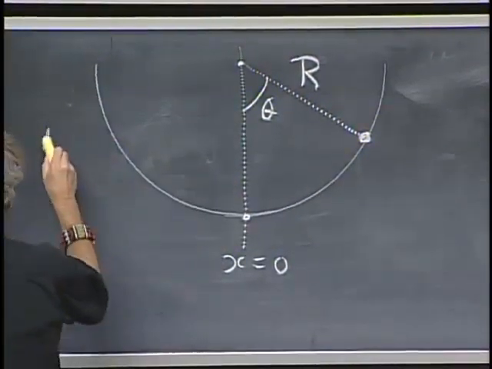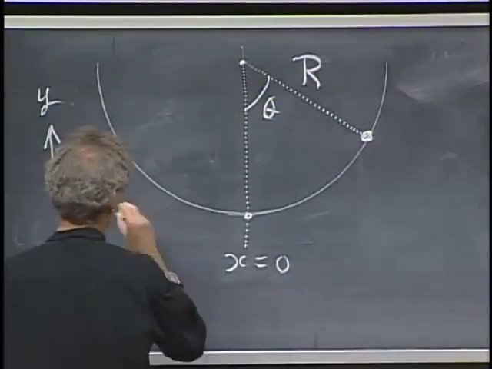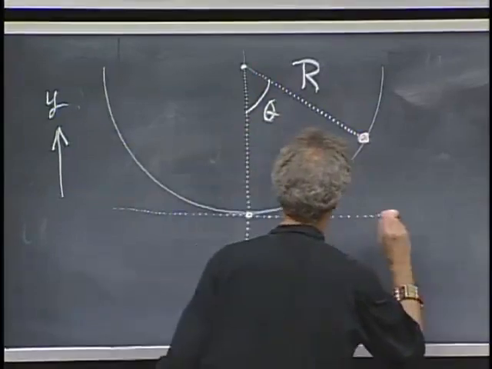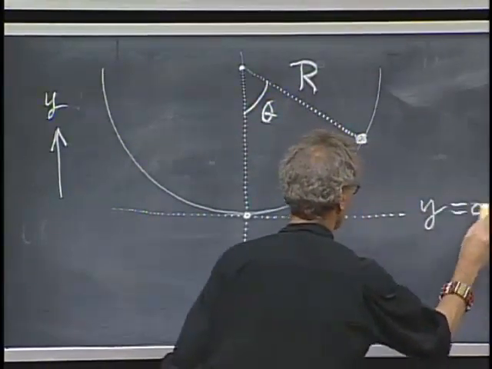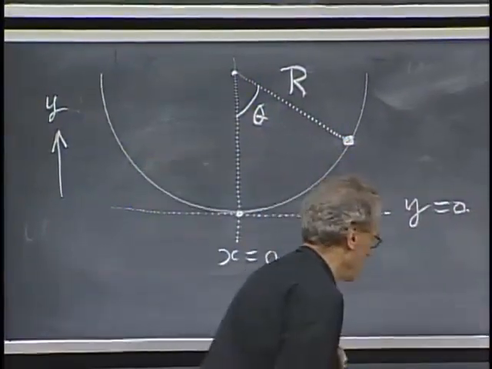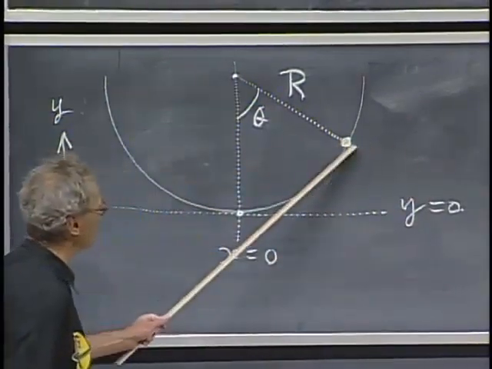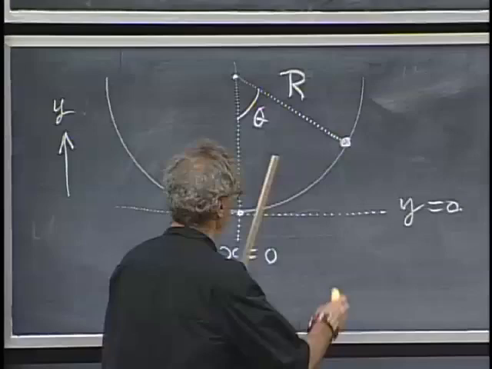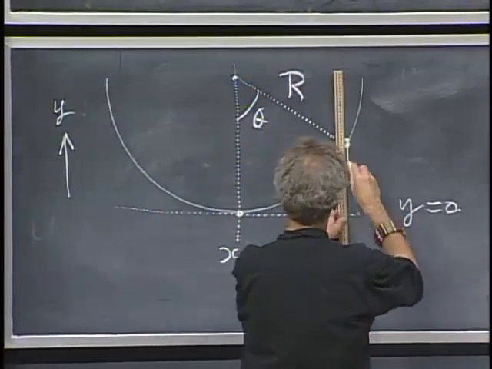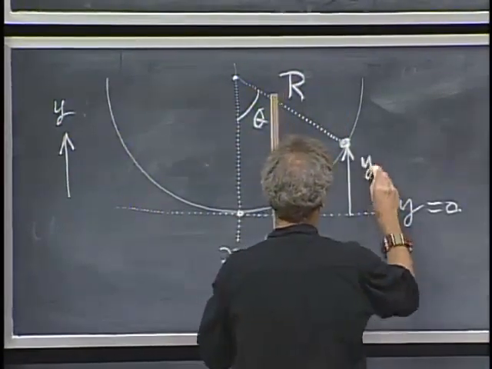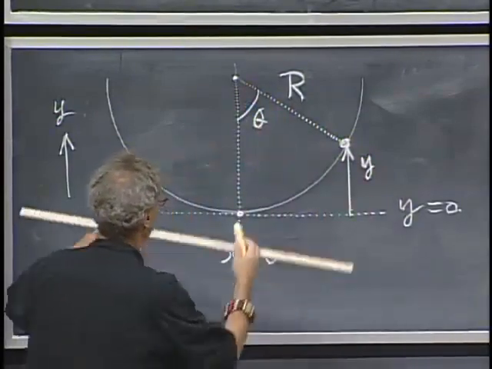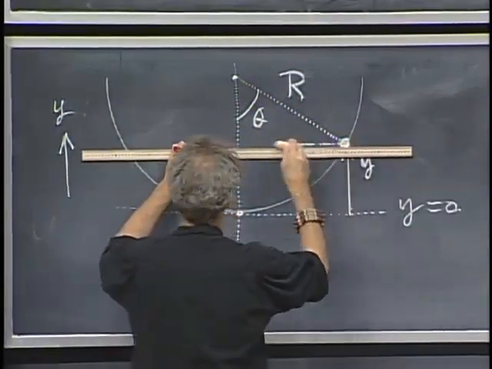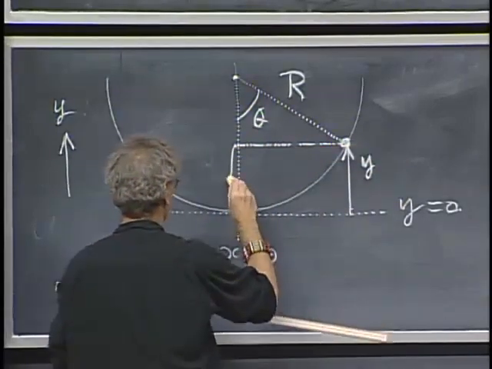This is increasing value of y, and I choose this y equals 0. And so the gravitational potential energy of this object is mgy. So I have to know what this y is, and therefore I have to know what this distance is.